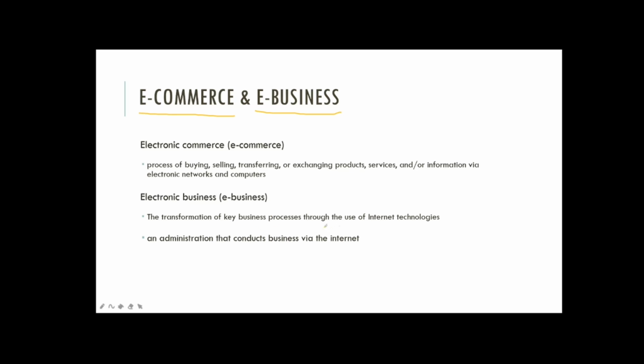While electronic business is the transformation of key business processes to the use of internet technologies, it refers to the administration that conducts business via the internet. For example, the brick-and-mortar store, like the stores you see in the market: businesses use the power of the internet to enhance a business that is also run offline.